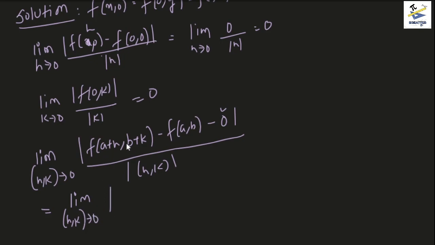But now we are evaluating at the point 0 comma 0, so it's like f of h comma k, which is root over modulus of hk. Actually it's root over a plus h into b plus k, so let me write that down.